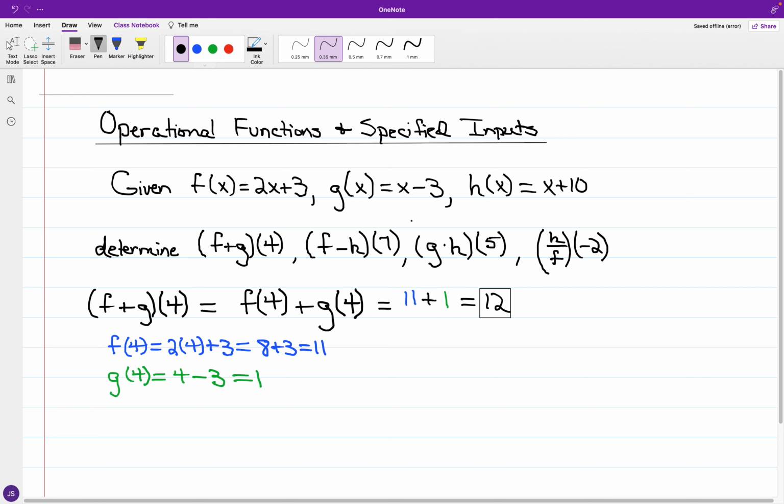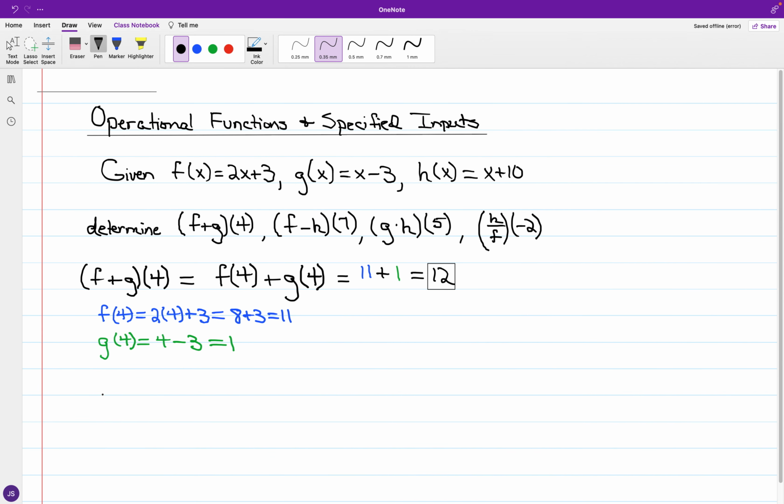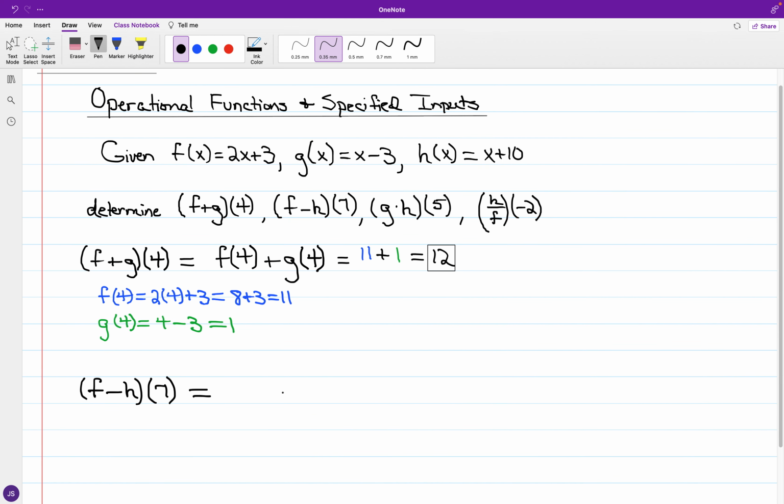Now in the case of f minus h of 7, just as we can break up the sum function as a sum of functions, we can break up the difference function as a difference of functions. So in this case, we can say that f minus h of 7 is f of 7 minus h of 7.